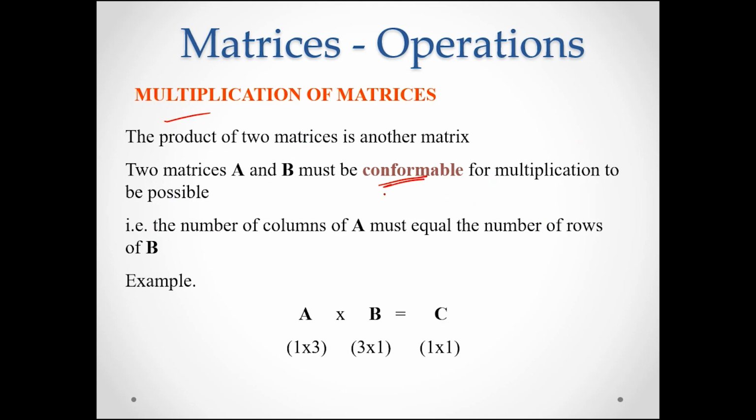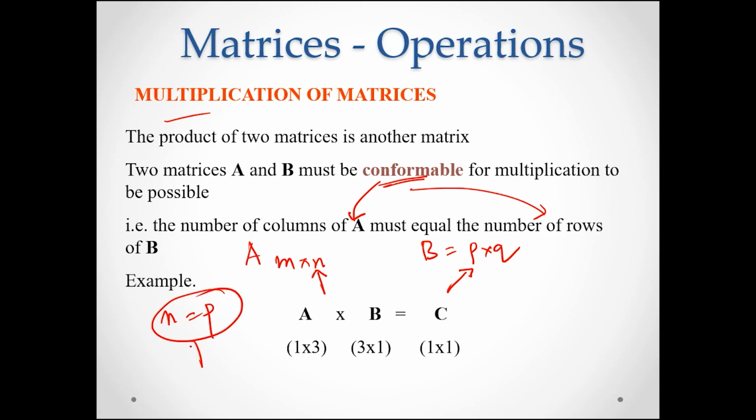Conformable means the number of columns of A must be equal to the number of rows of B. Which means if A is a matrix of order M cross N and B is of order P cross Q, then the number of columns of A must be equal to the number of rows of B. That means multiplication is only possible when N is equal to P. If this is true, then the two matrices are called conformable.